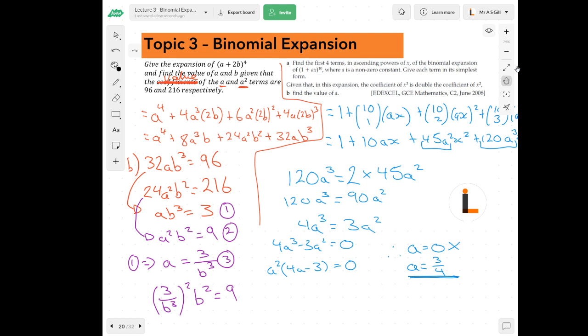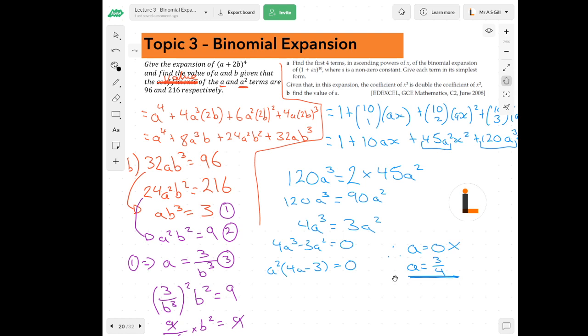So we're going to get 9 over, this is going to be B to the 6 on the denominator, times B squared is equal to 9. Well, the 9s are just going to cancel. So that's going to cancel with that. So we get B squared over B to the 6, which is going to give us 1 over B to the 4 is equal to 1.